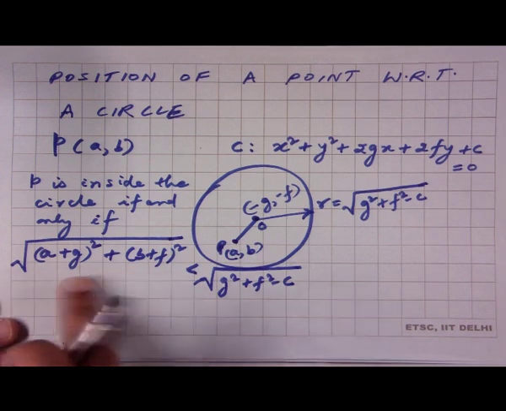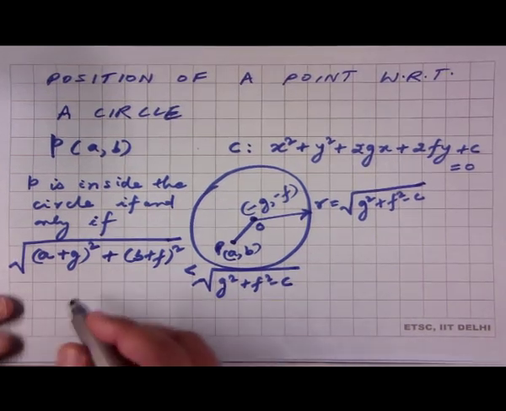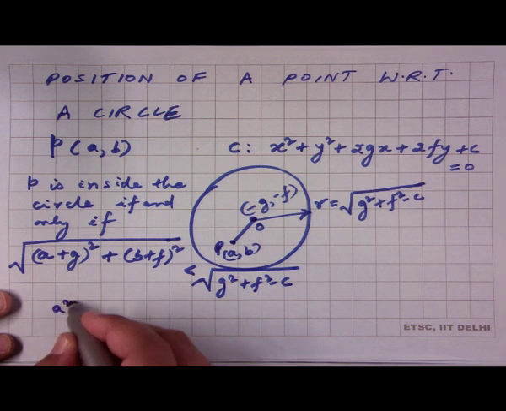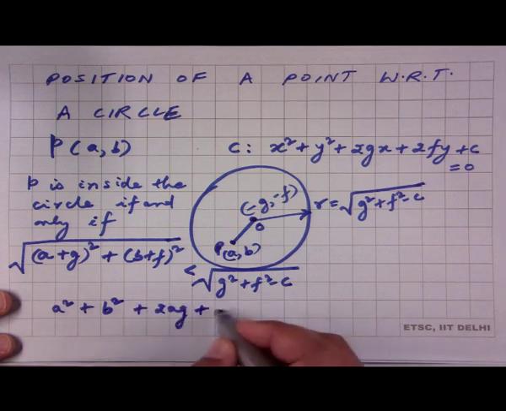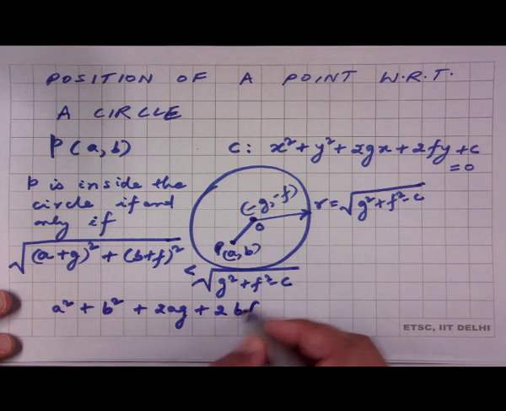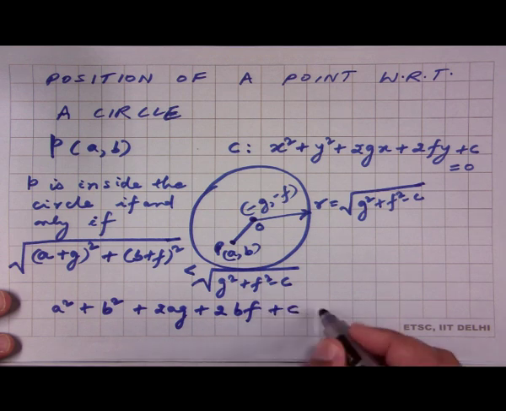And if we simplify this further, then this condition is basically a square plus b square plus 2ag plus 2bf plus c is less than 0.